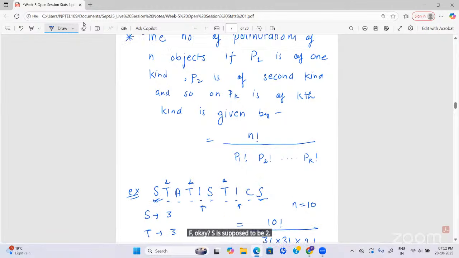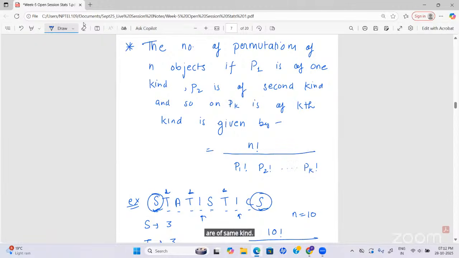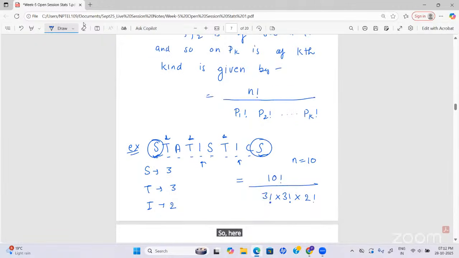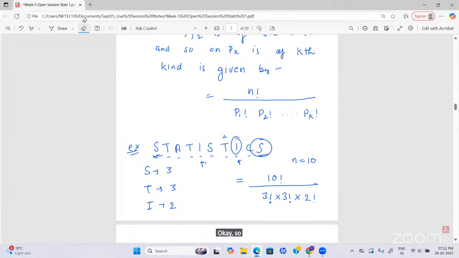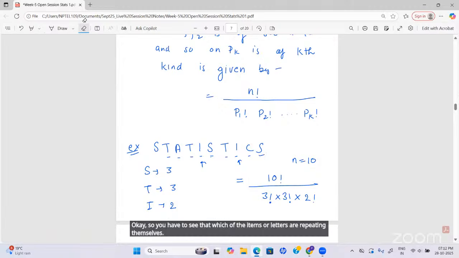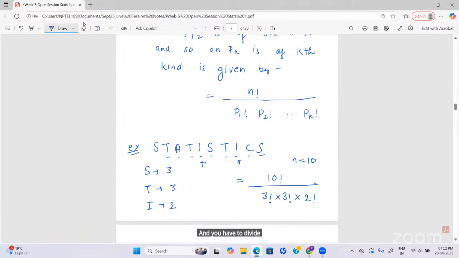Then we have Pk or P3, where I is the letter which is again of the same kind. It is coming 2 times, so you have to divide by 2. So you have to see which items or letters are repeating themselves, and divide by the number of times they repeat.